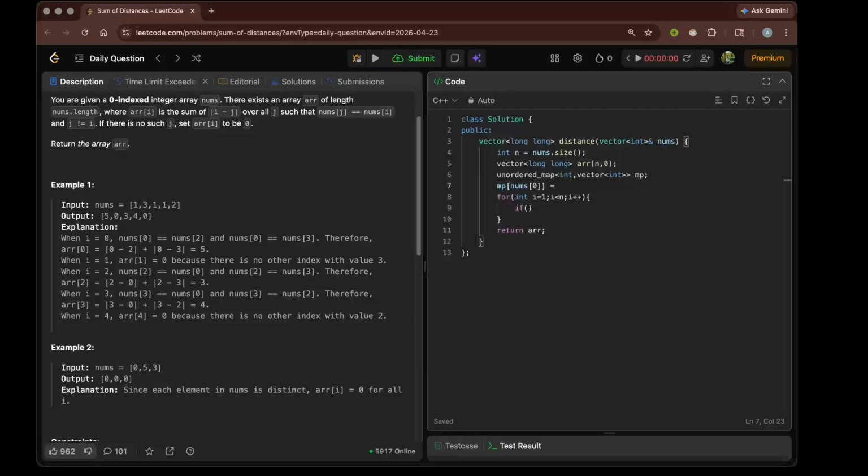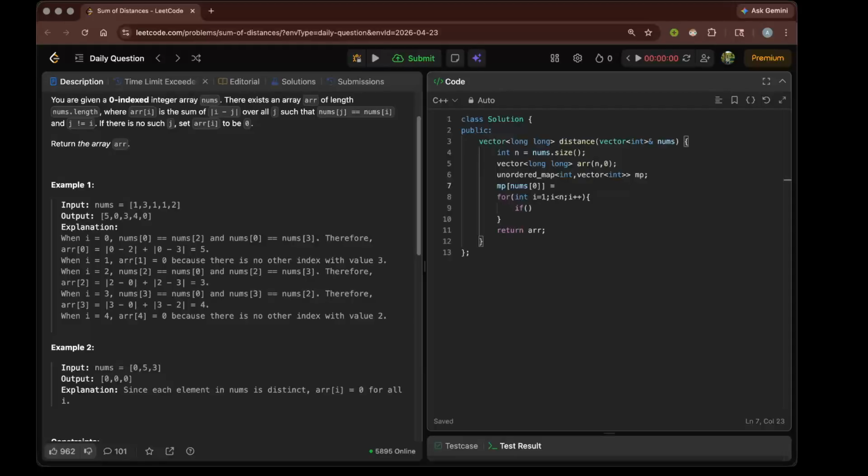But we stored the value 2. 3 minus 2 is 1. But we also require the previous index where we have found it.